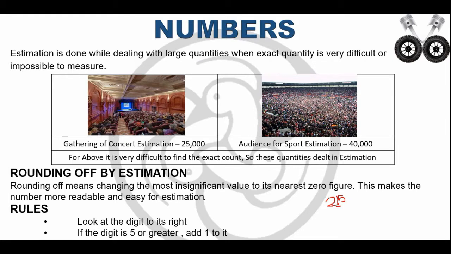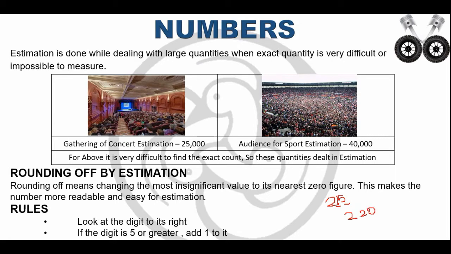You have to see the right side number. That is 5. If the number is 5 or greater than 5, you have to add 1 to the 10th position. That means you write 2, 2, and then you put 0 in the last place.